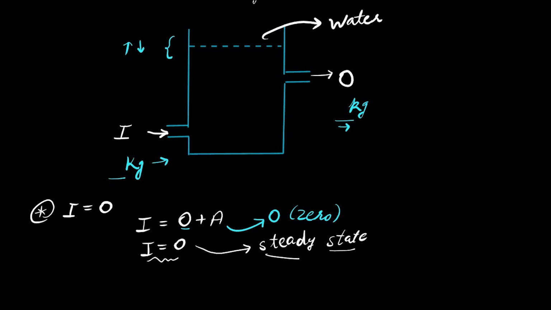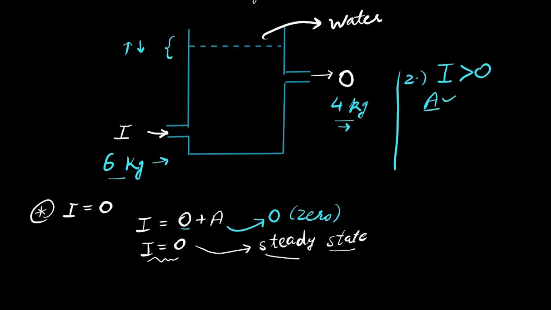So let's say here I have 6 kgs of water flowing inside, but 4 kgs of water flowing outside. Now in this second situation, what will happen? Inflow is greater than the outflow. And in this case, when the inflow is greater and outflow is smaller, there will be some accumulation.